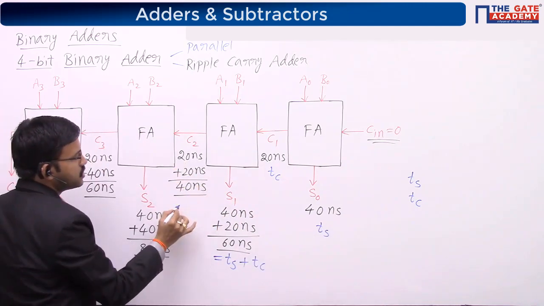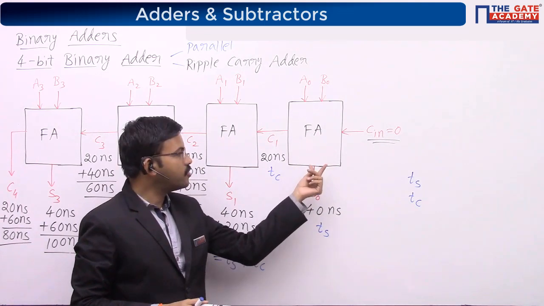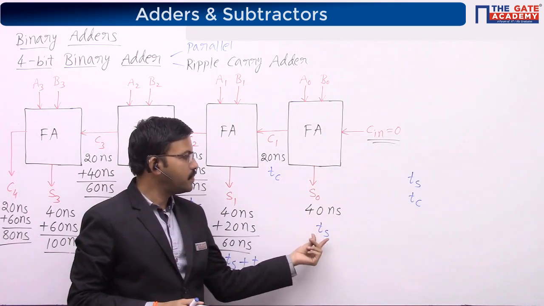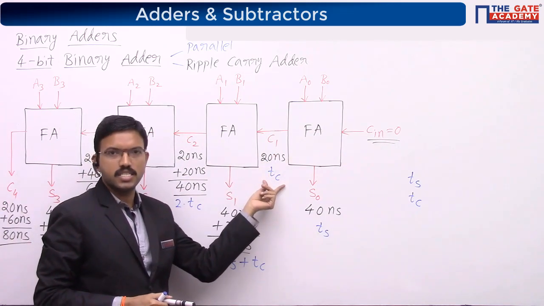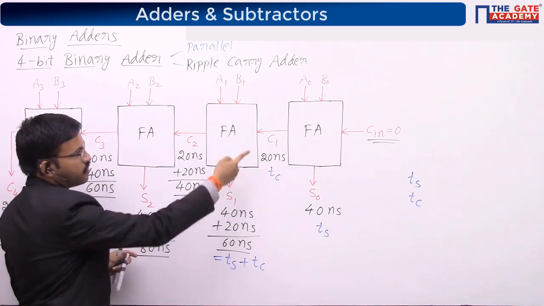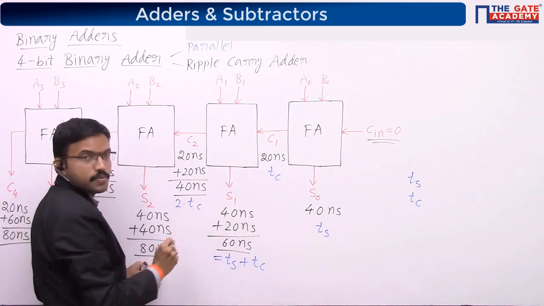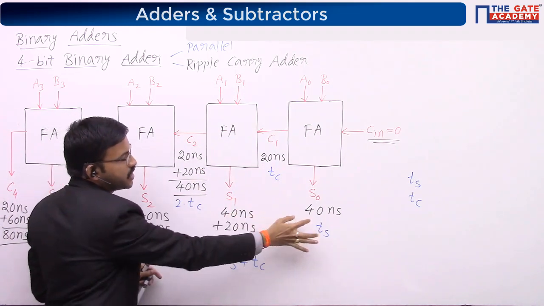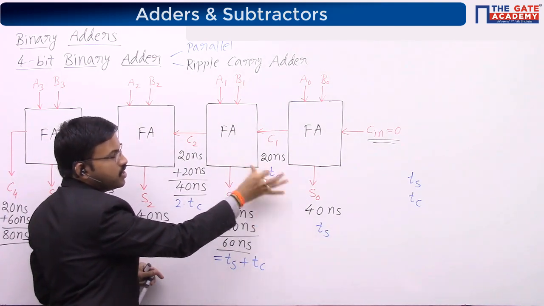Here Tc plus Tc, that is 2Tc. For a particular full adder, the amount of time required for producing the sum bit I am assuming as Ts. For producing carry it is Tc. Now for this particular full adder, I have added Ts with Tc. Ts is the time required for producing this sum bit, after getting this carry only.